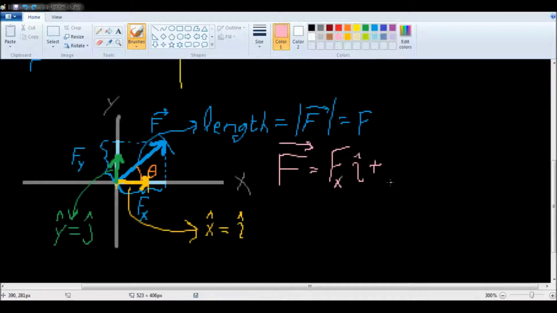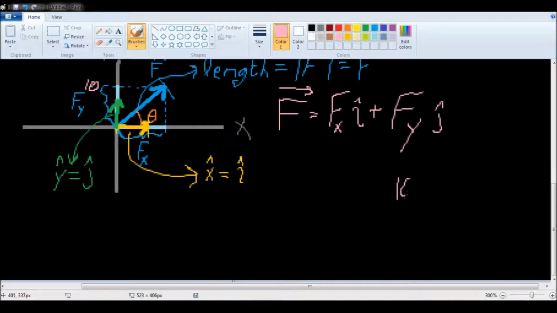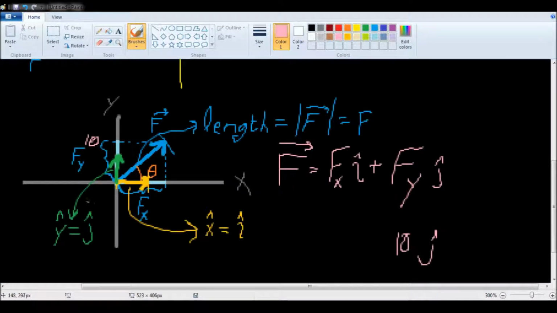So now we can add our y components to this, or how many j hats we have, and the value for that is conveniently fy j hat. So if fy say is some number like 10, that would mean that we have 10 j hats, or 10 unit lengths along the y-axis.